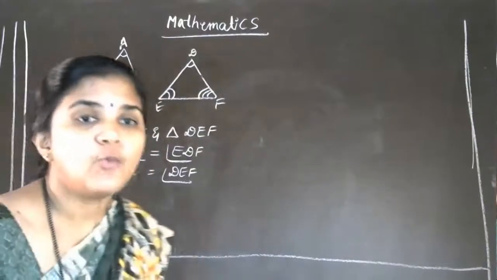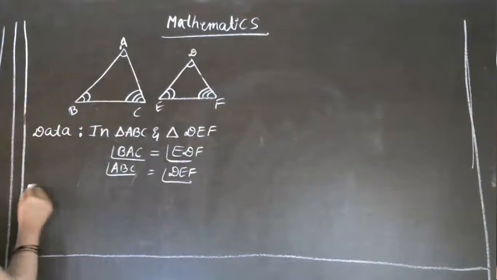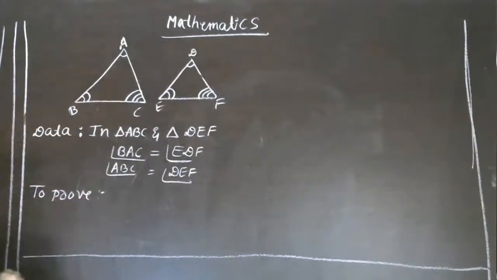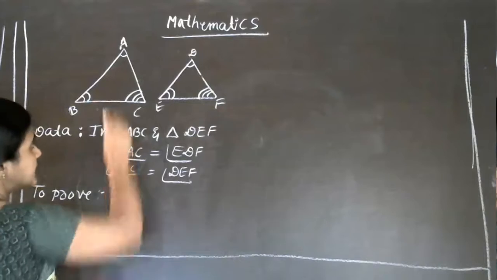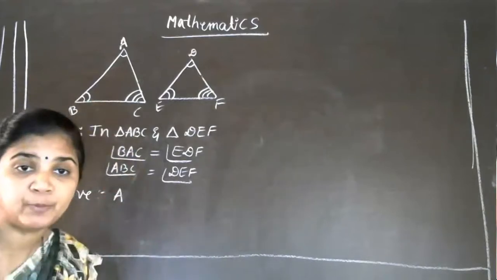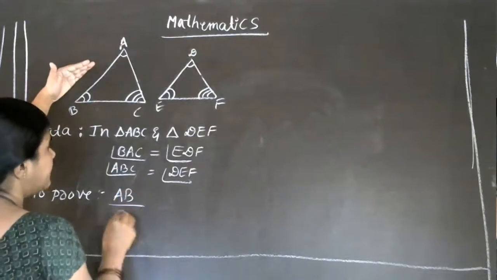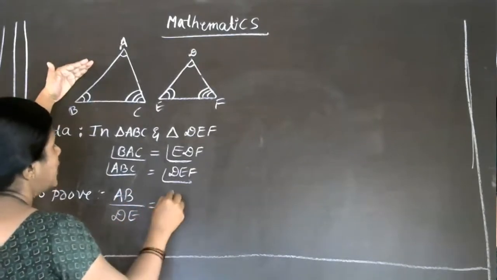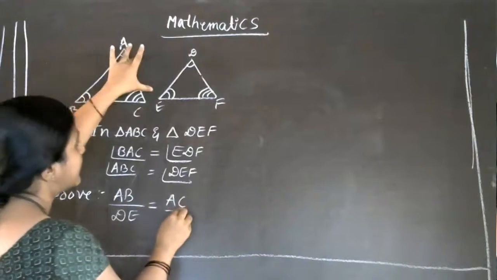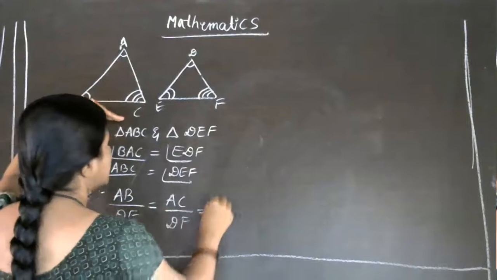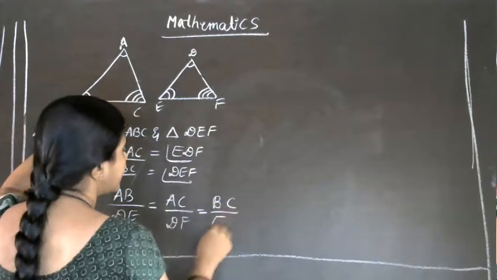To prove, what do we have to prove here? We'll discuss one by one. To prove: corresponding sides are in proportion. Corresponding sides means AB divided by DE is equal to AC divided by DF, which is equal to BC divided by EF.